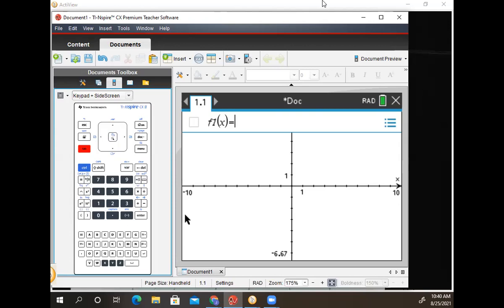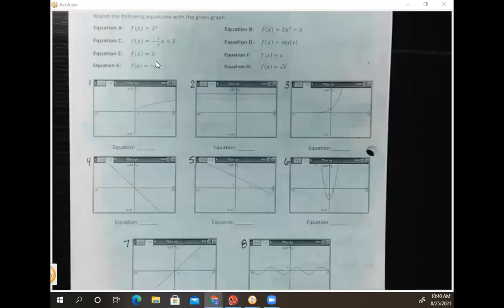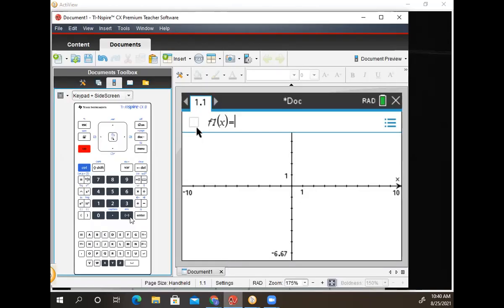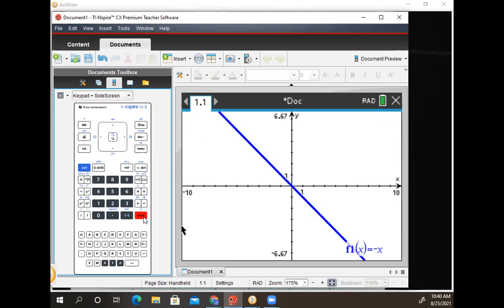So anytime that you are starting with a negative, so in C, we start with a negative. In G, we start with a negative. If we're starting with a negative, use the negative sign. So we have negative x here, and there's our graph.